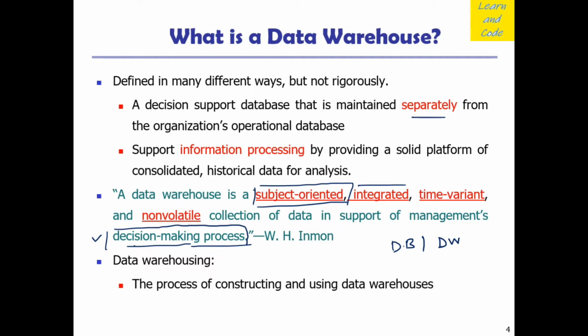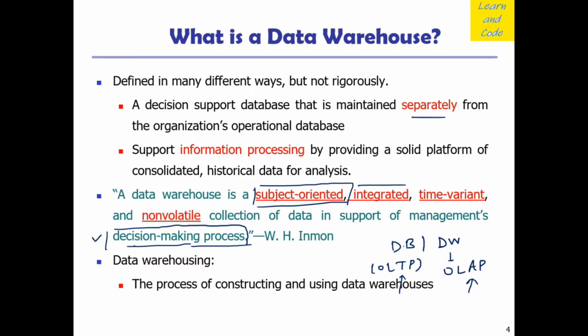For the time being, we can think of the database as something known as OLTP, that is online transactional processing, and in the data warehouse we have the term OLAP, that is online analytical processing. The database is actually used for transaction purposes. This is the main objective.